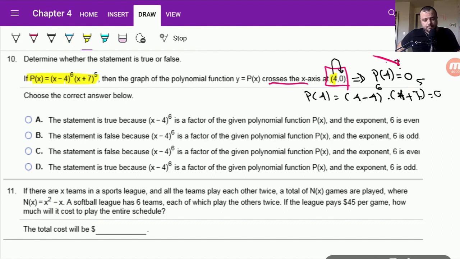The second part: at this point, does the function cross the x-axis, or is the x-axis just a tangent? Because you remember, we have two cases.